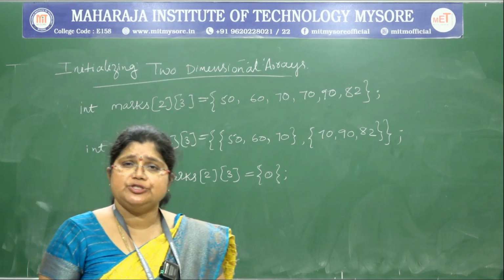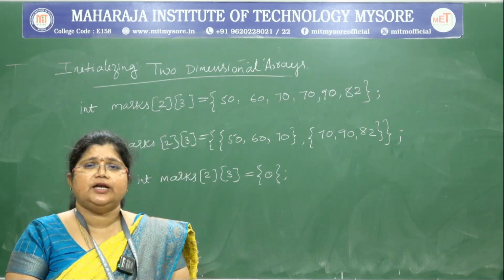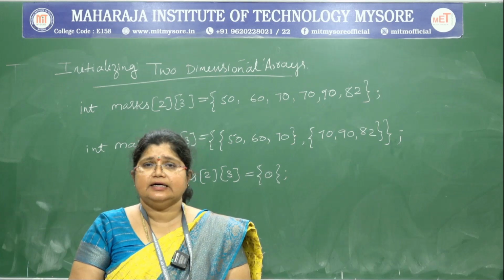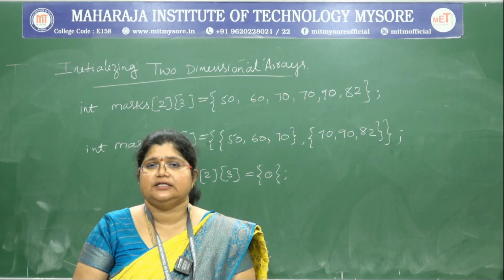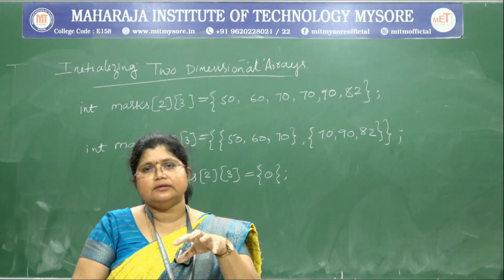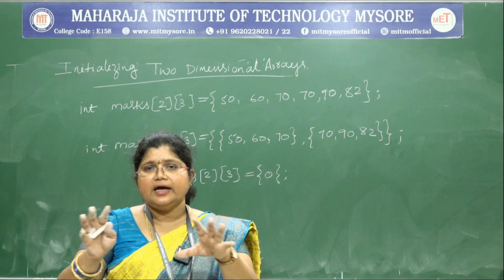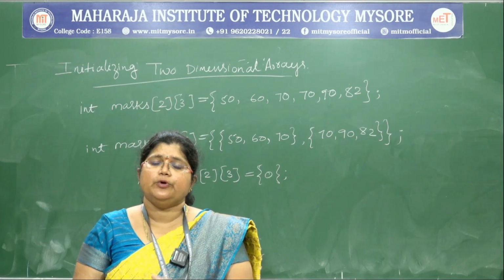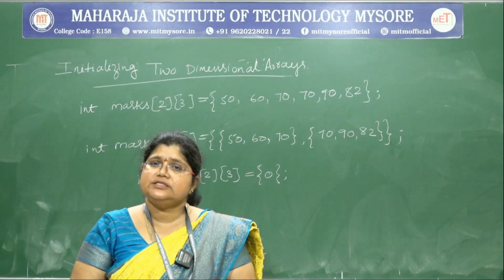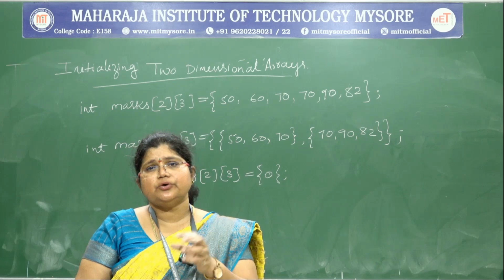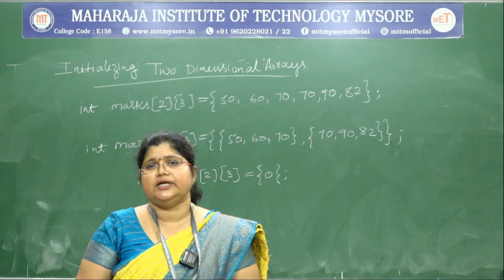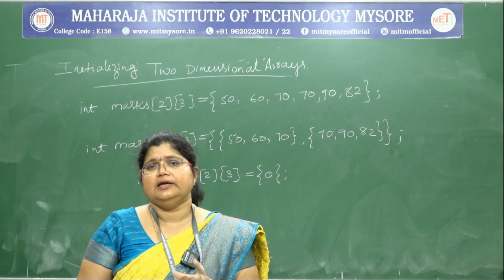Now let us look at initialization of a two-dimensional array. What is this initialization? We have declared the array, and after declaration we have reserved a table, a sequence of memory locations. The next part is we are going to store the elements in the memory location. That is the initialization of elements.